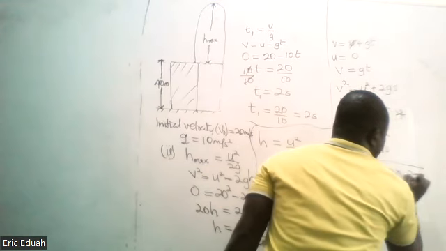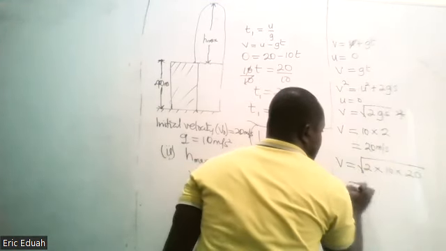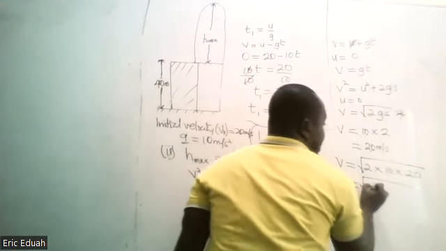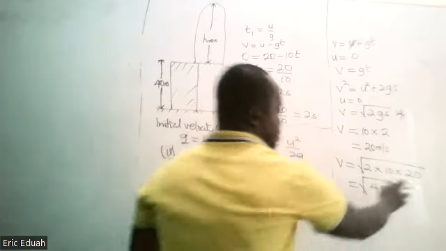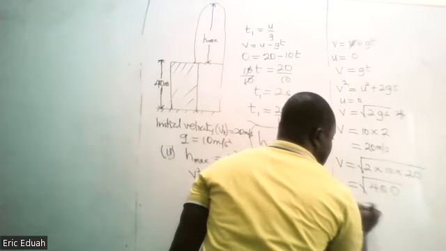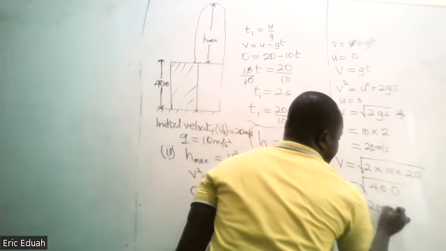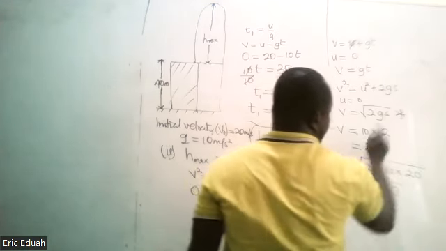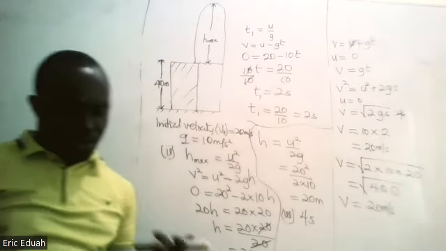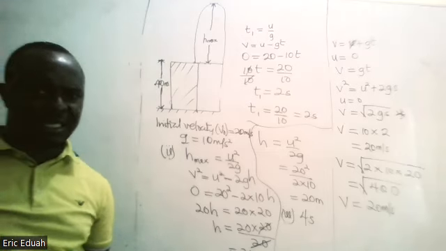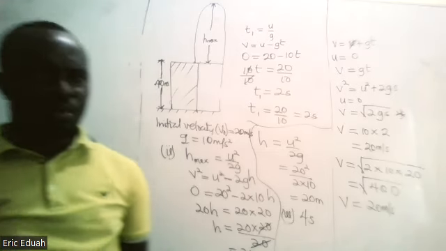So when you put that into the equation, you have 400. And the square root of 400 is equal to 20 meters per second. So this relation would also give you the same value of velocity at that instant.